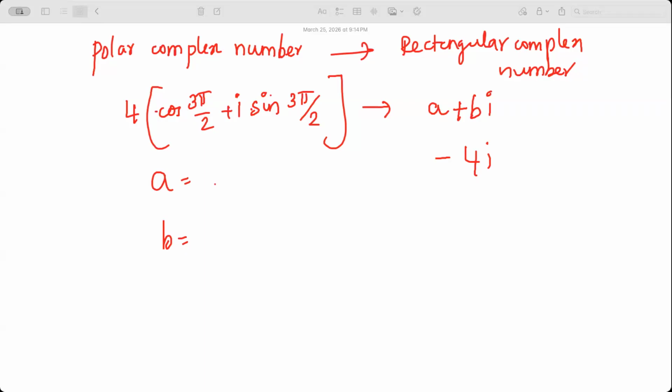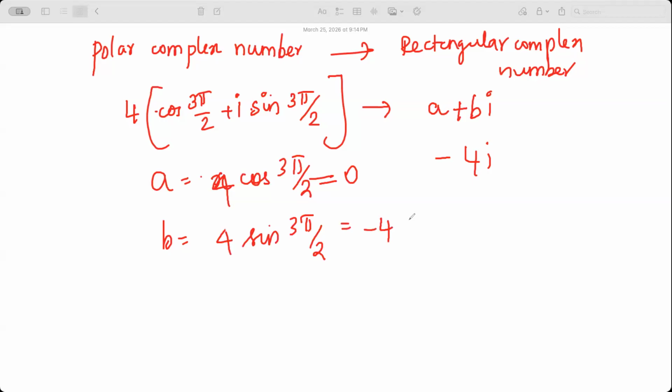Basically x equals r cos theta, y equals r sin theta, right? x is 4 cos 3 pi by 2, and y is 4 sin 3 pi by 2. So this will be 0, and this will be minus 4. So that tends to be minus 4i. 0 is the real part. Now I'll move on, guys.